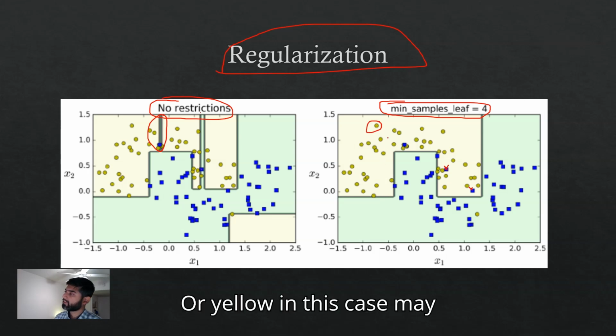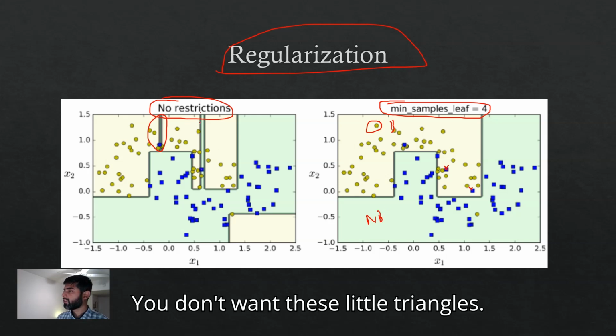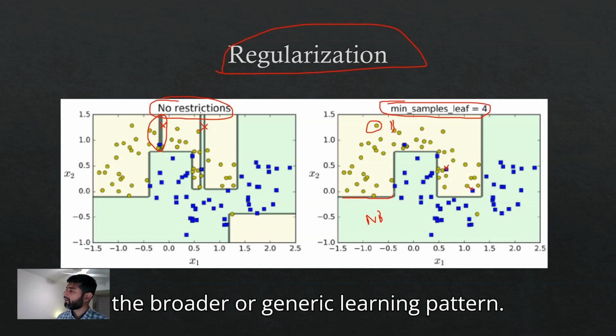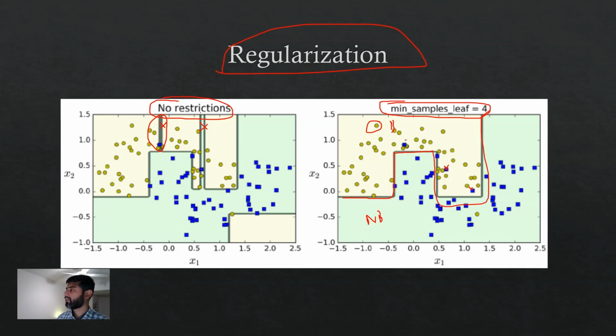Or yellow in this case may mean buyer versus non-buyer. You don't want these little triangles to create their own group. You want the broader, generic learning pattern, and we will accept the impurities.